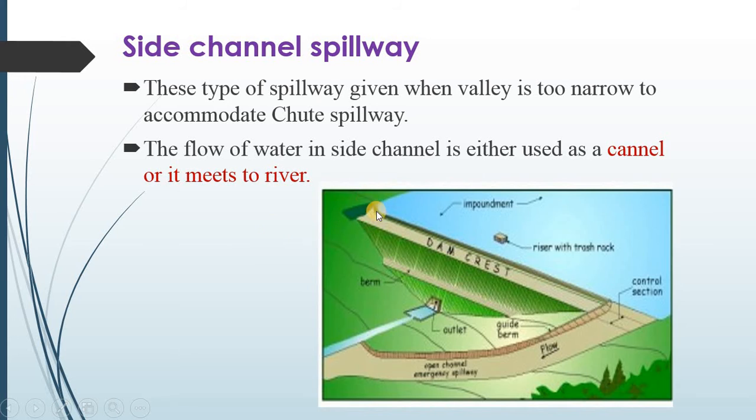The flow of water inside the channel is either used as a channel or it meets the river. Also in the case of the side channel spillway, an emergency path is provided for the flood water.